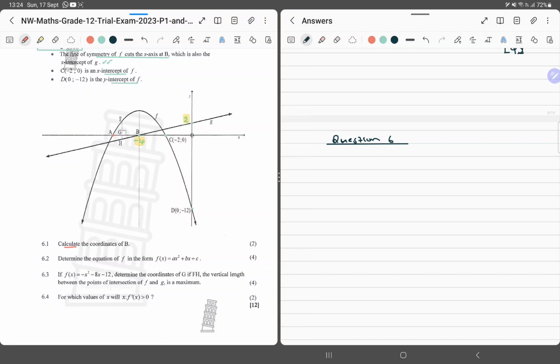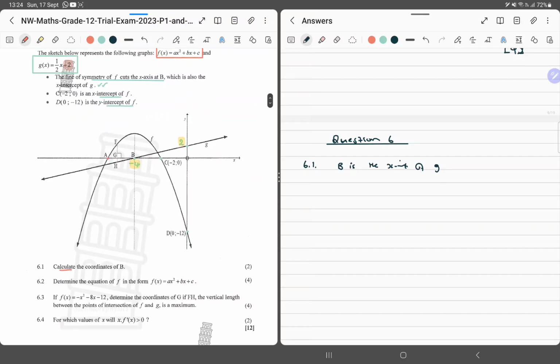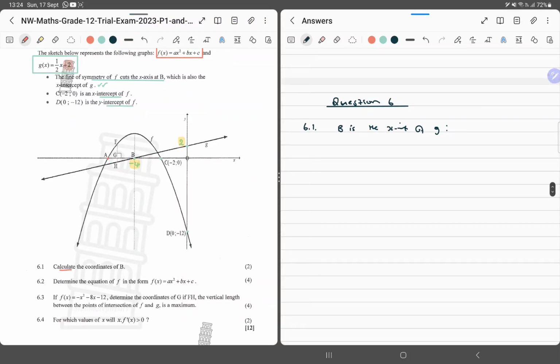It's very easy. So, 6.1. We know that B is the x-intercept of g. You're going to use what you have enough information on, such that we know now that a half of x plus 2 is going to be equal to 0. This implies that a half of x is equal to -2.